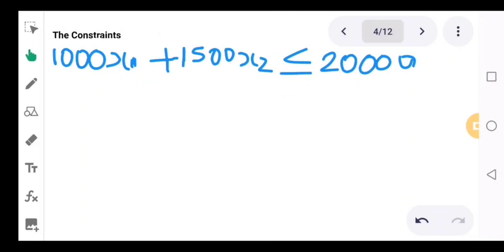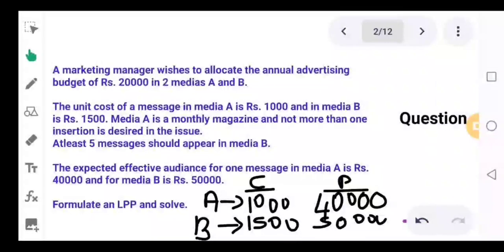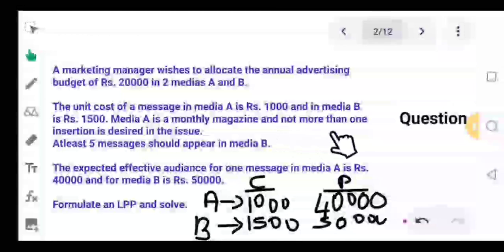Now the second constraint is with regards to the number of messages. They have said that media A is a monthly magazine and not more than one insertion is desired in the issue.